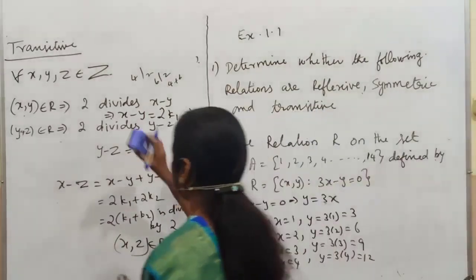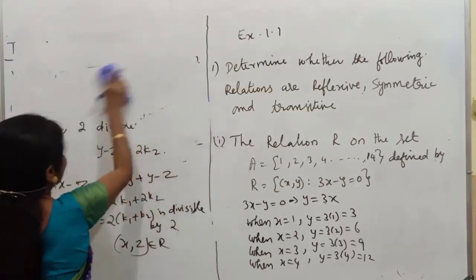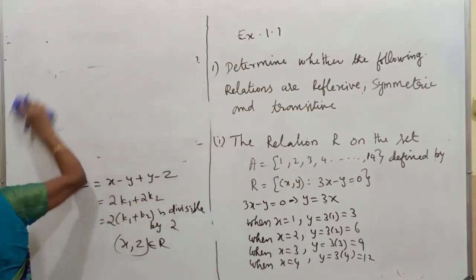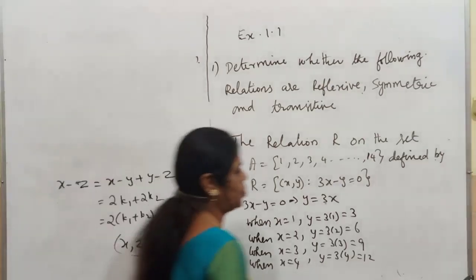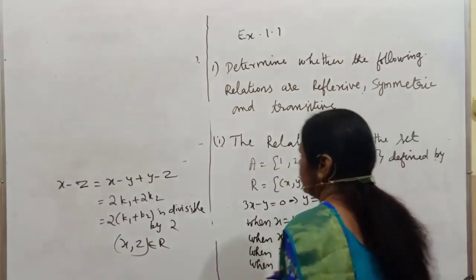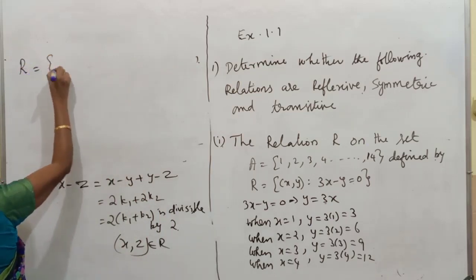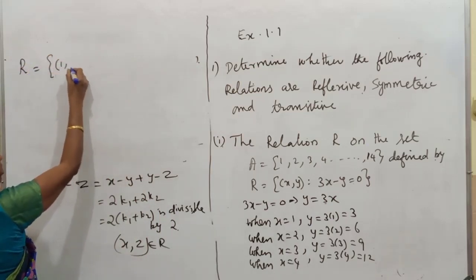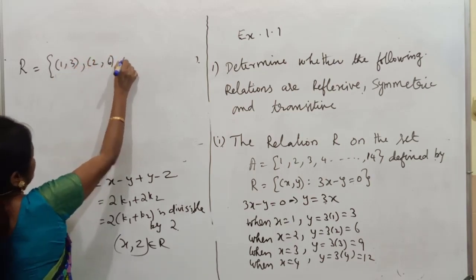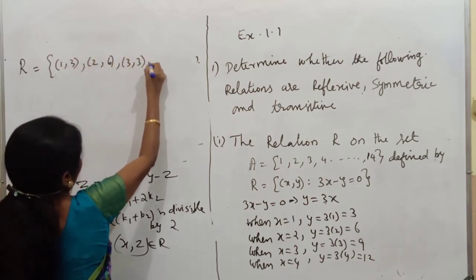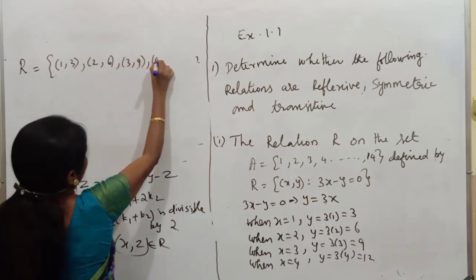Now listen how we are going to write the relation. The relation R equal to (1, 3), (2, 6), (3, 9) and (4, 12).